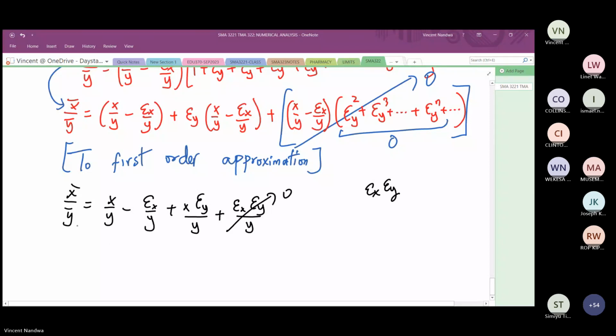So that now I'll have x bar over y bar equals x over y minus error in x over y plus x error in y over y.